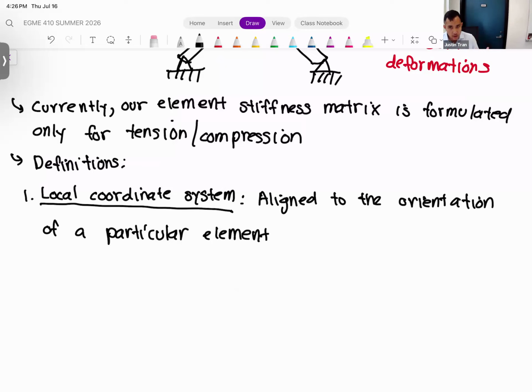Right, so no matter which direction our element is oriented in, we basically match the coordinate system to fit with that orientation. And specifically for truss bars, our local coordinate system is always such that the tension and compression of the truss bar is always in the local x direction.